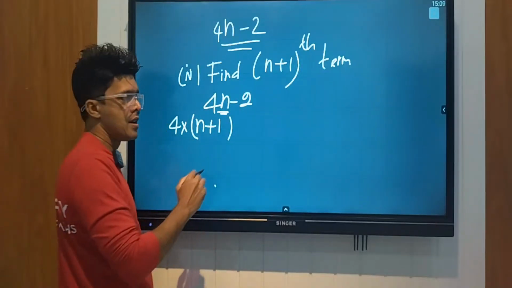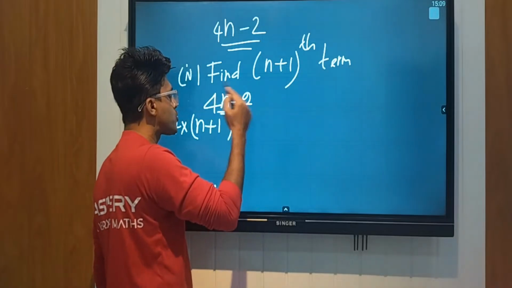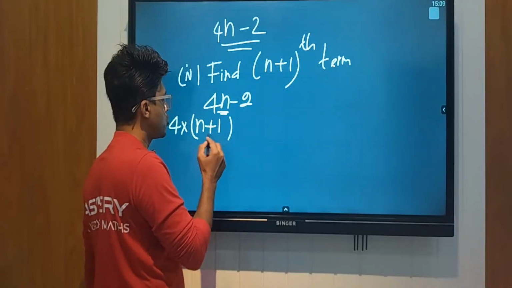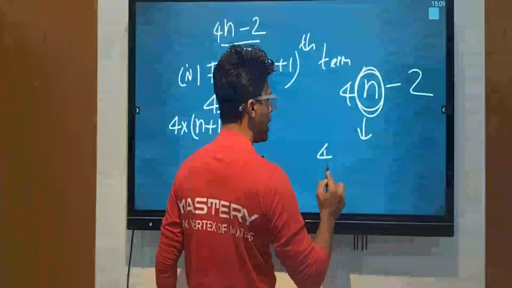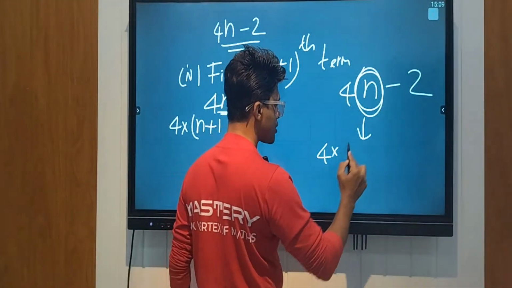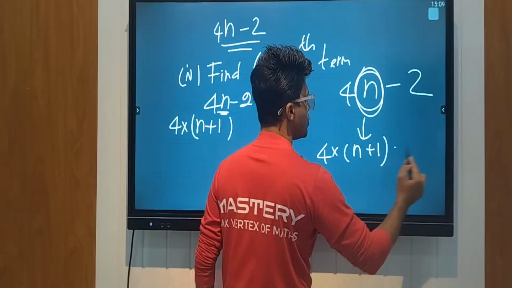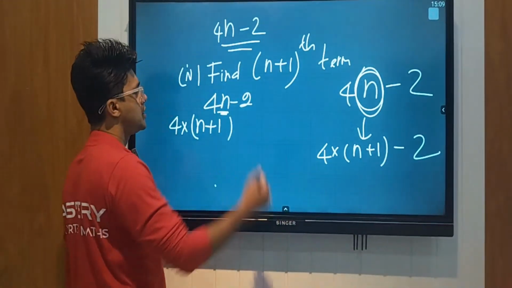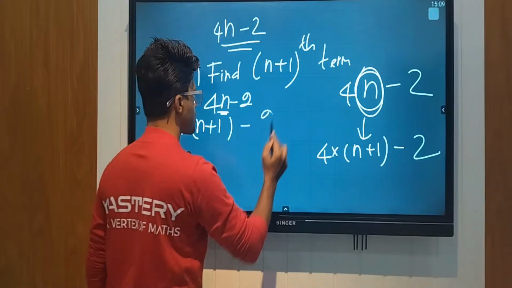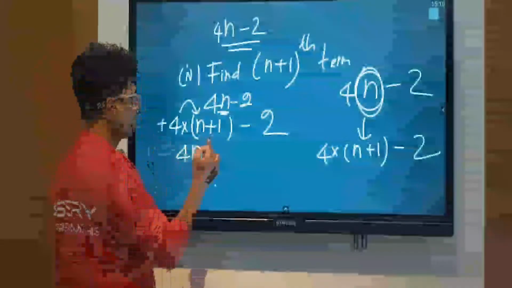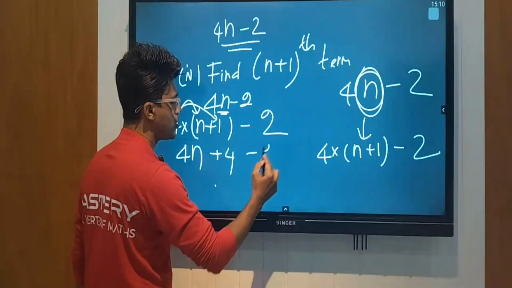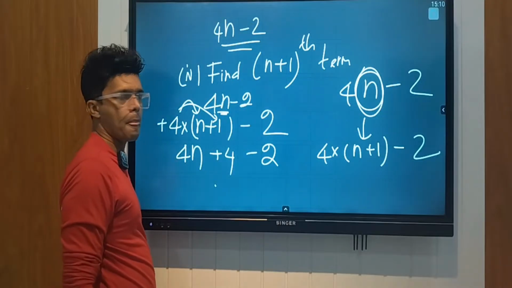Wherever there is n, I write n plus 1, so 4 times n plus 1 minus 2. Then 4 times 1 is 4, and the negative 2 also needs to be written here.